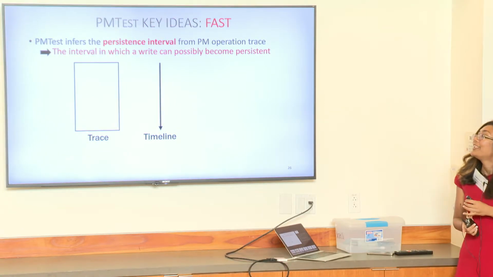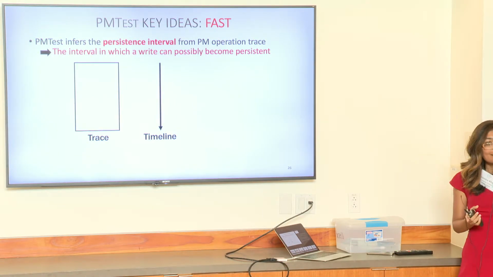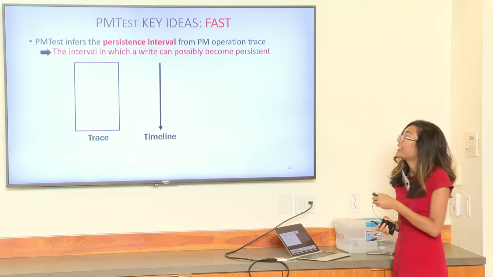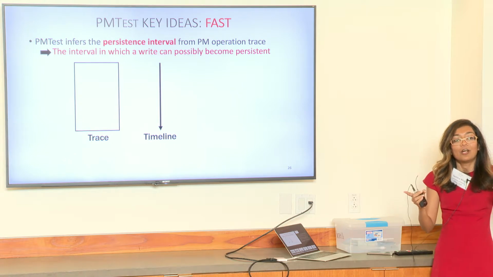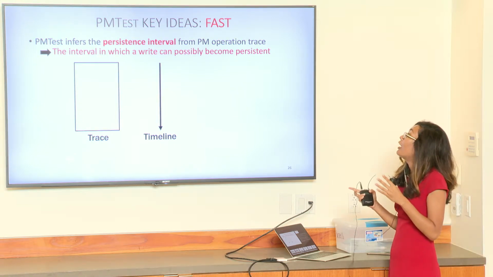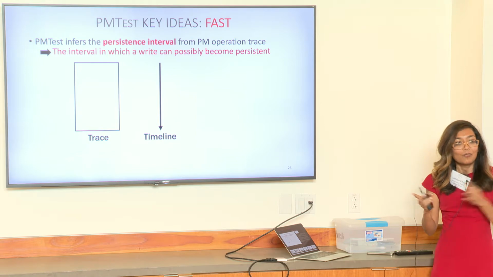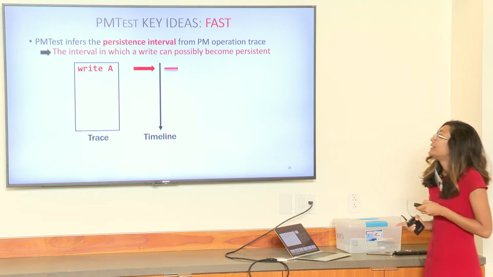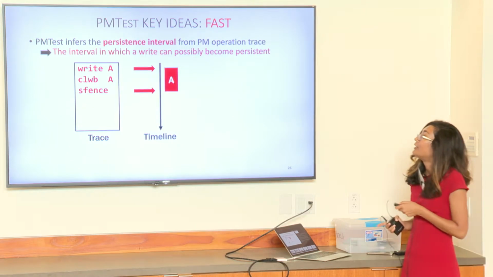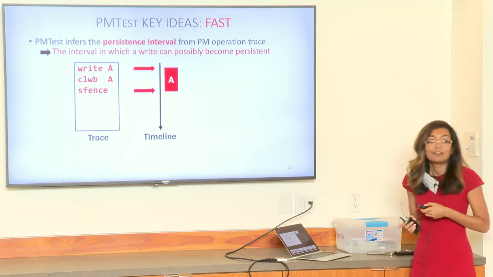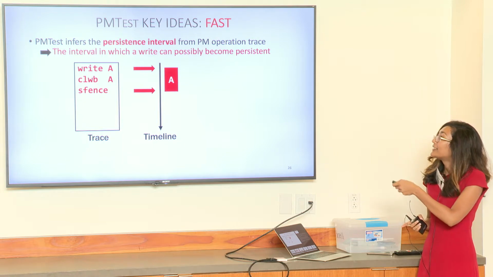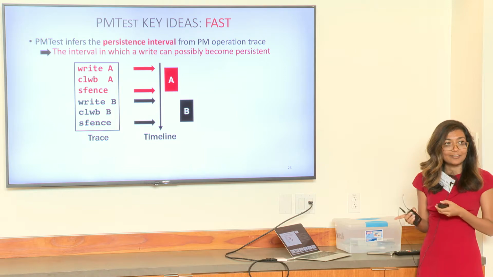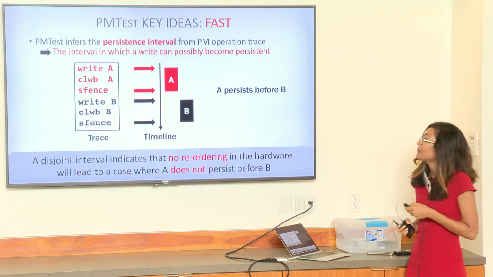So we introduce this notion of persistent interval, which basically says what is the time interval when a write can possibly become persistent with any sort of reordering. For this write, when we see the flush and barrier, that's where the interval ends. Similarly, some other writes can have other intervals.